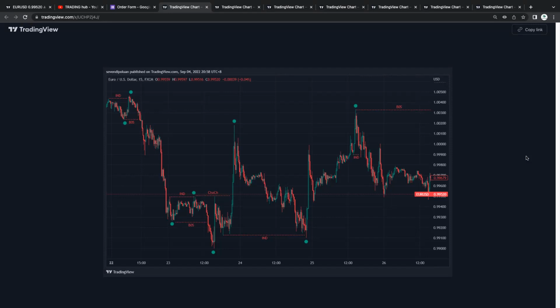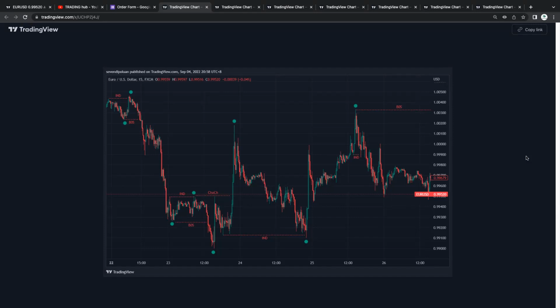Once you are able to identify the structure and the inducement, then your next step will be much better. But if your structure mapping is wrong, then very highly your next step will be wrong.